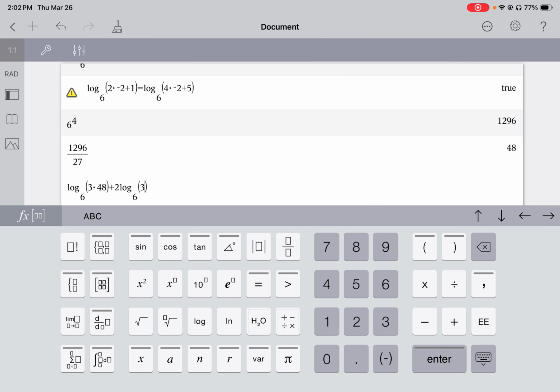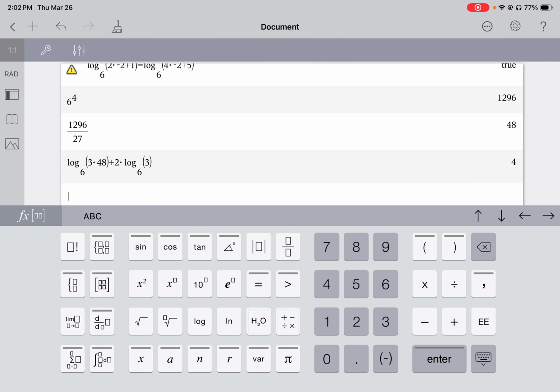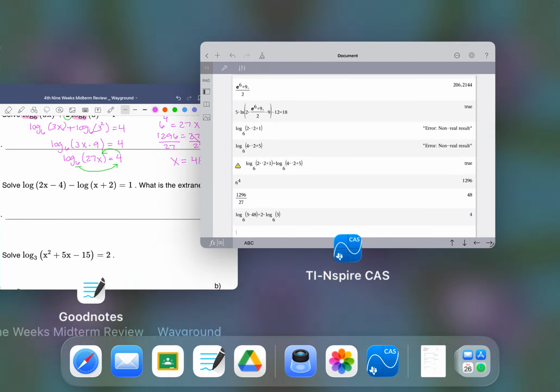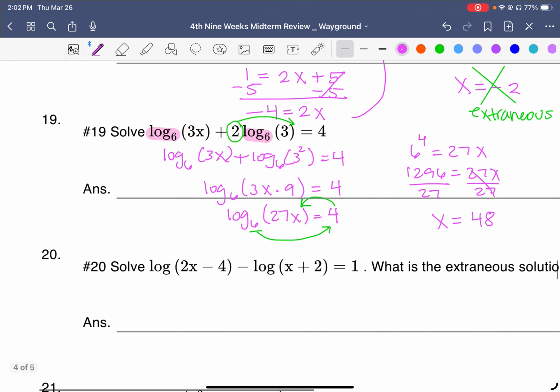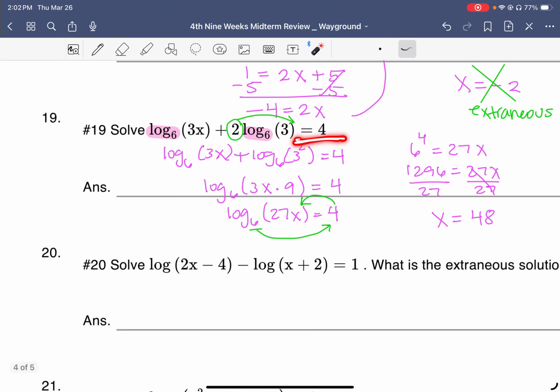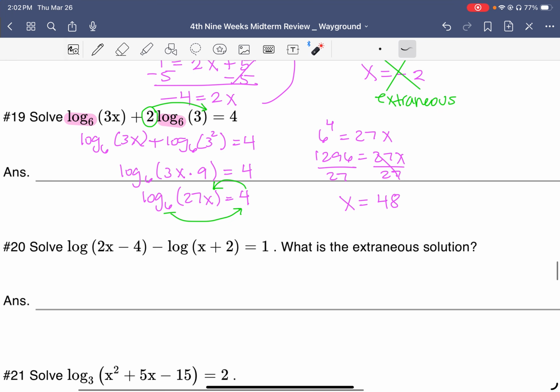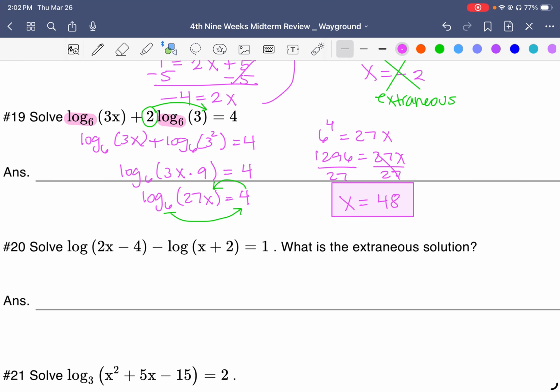So let's just do the left side and see if it equals the right side. On the left side I plugged in x equals 48 and it says that it equals 4, and on your paper you will see that it says that it equals 4. Okay, so that's how we can conclude that this is in fact true. So 48 is our solution.